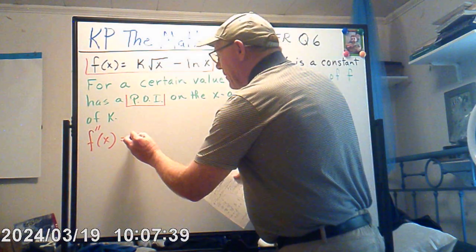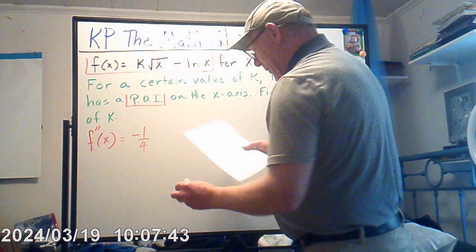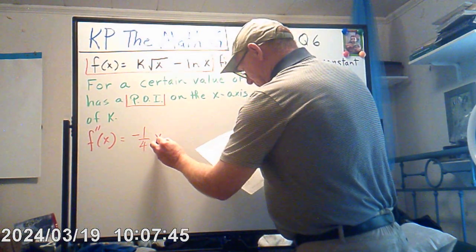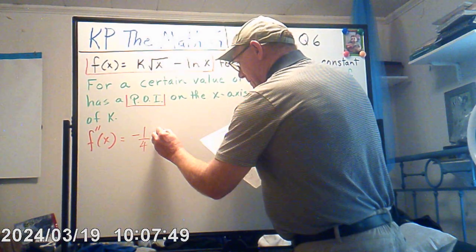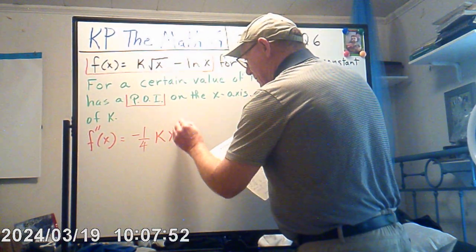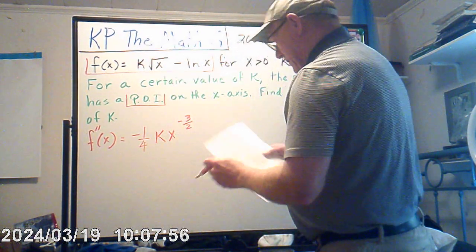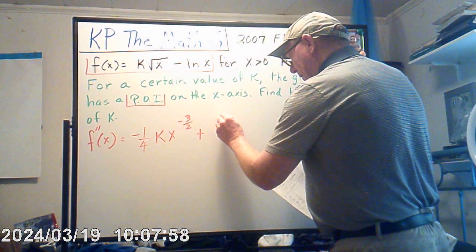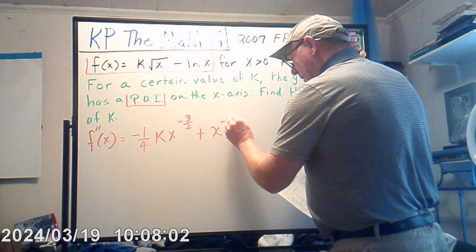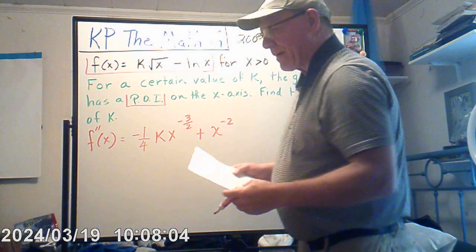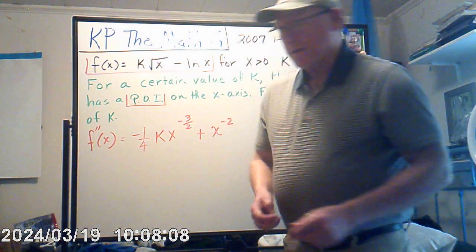It's negative 1/4 kx to the negative 3/2 plus 1 over x squared, or x to the negative 2. And I'm going to leave it as x to the negative 2. It just makes it simpler to look at that way.